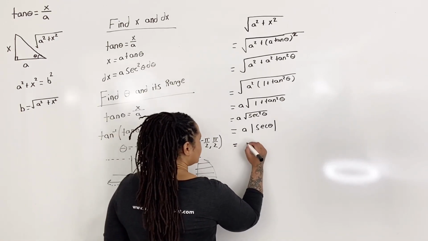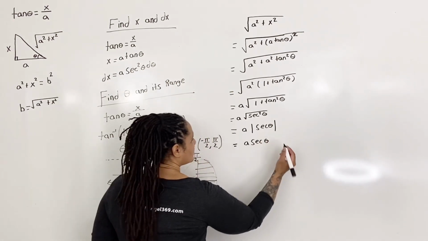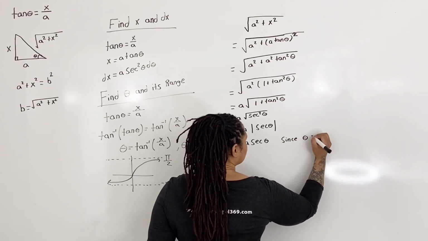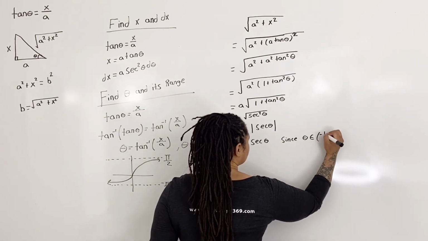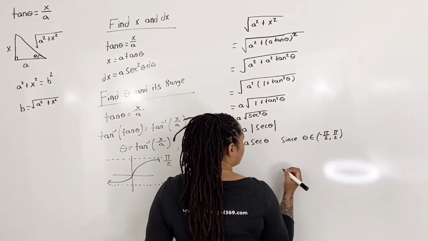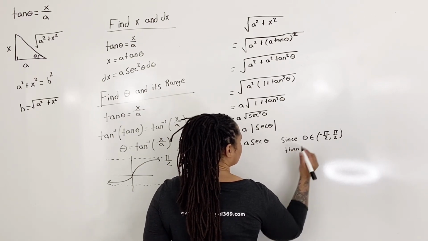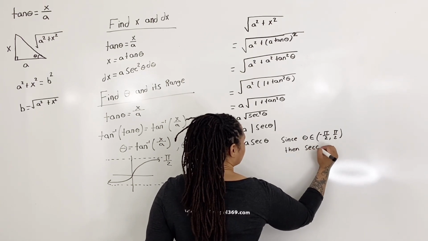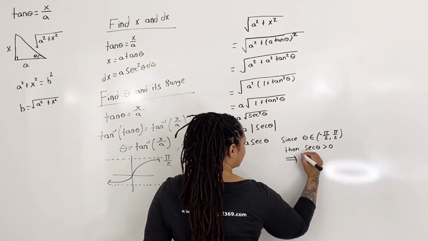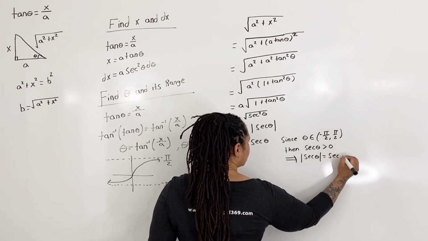So we can say that this is equal to a secant theta, since theta belongs to the interval between negative pi over 2 and pi over 2. Then secant of theta is always greater than 0, which implies that the absolute value of secant theta is equal to secant theta.